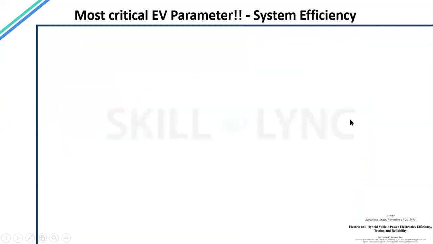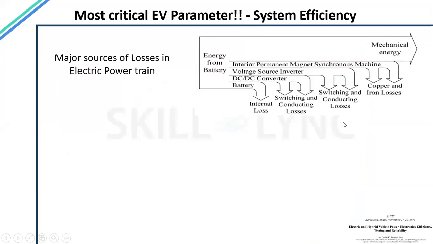The important thing is system efficiency. At the end of the day, as an electric vehicle, what is important is all these losses put together: machine, inverter, converter, battery. This is what system efficiency is all about, right? So we have to make sure they are not just at their peak efficiencies, but wherever the maps are, because every component has an efficiency map.